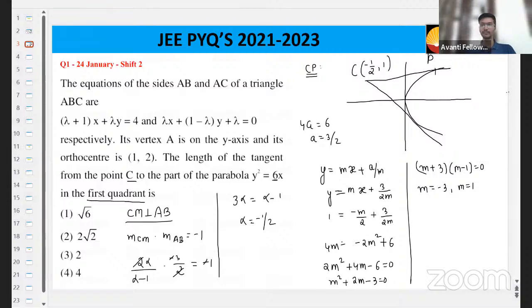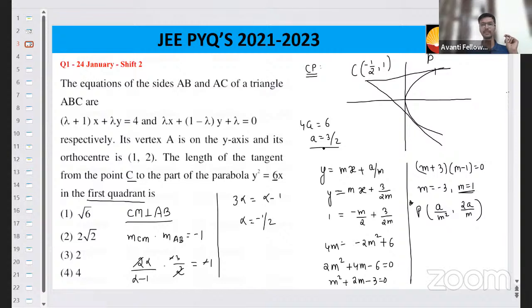So what will be the coordinates of point P? If you know the direct result, the coordinates of the point of contact of the tangent are a by m square, comma 2a by m. What was a? a was 3 by 2 and m is 1.